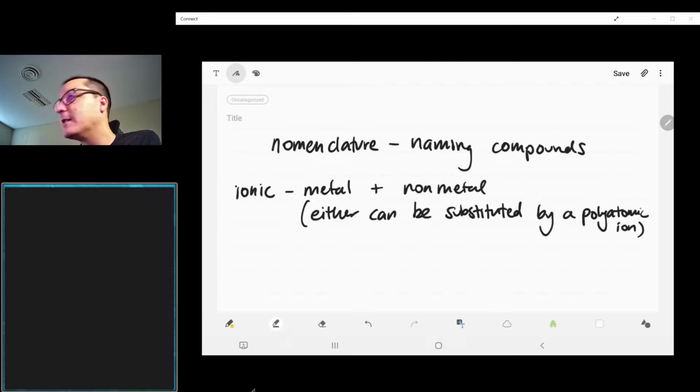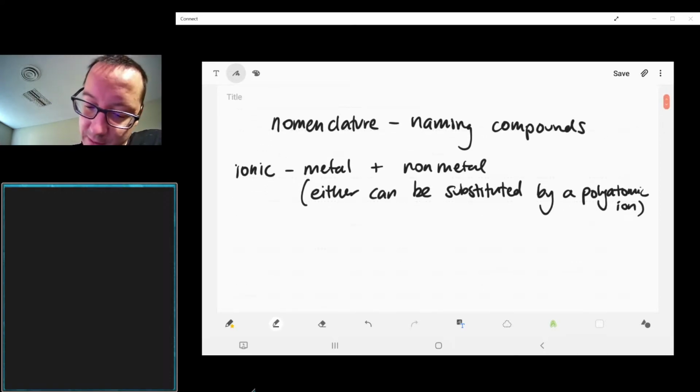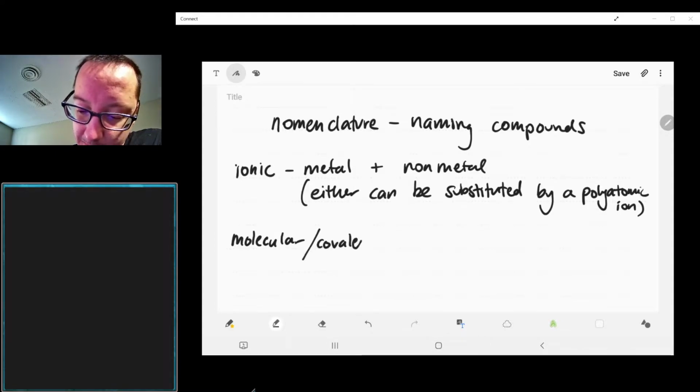So we're going to see that that's an option there. And then we're going to have ones that are called molecular or covalent. And those are going to be when we have multiple nonmetals together.